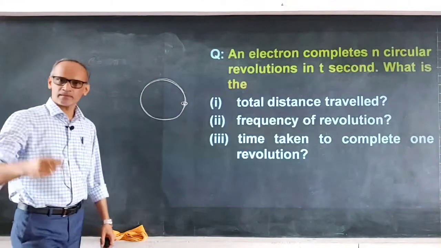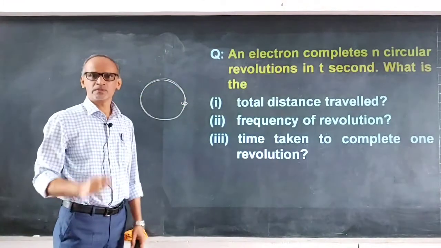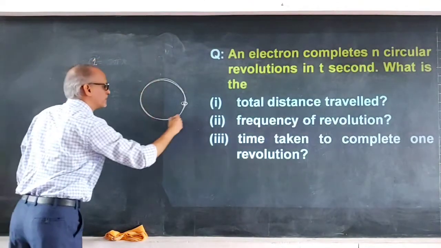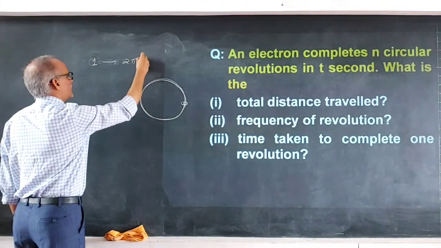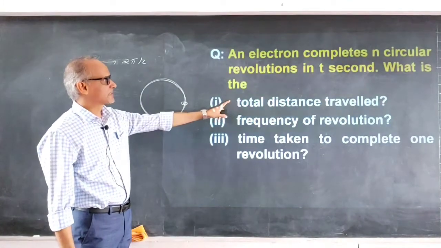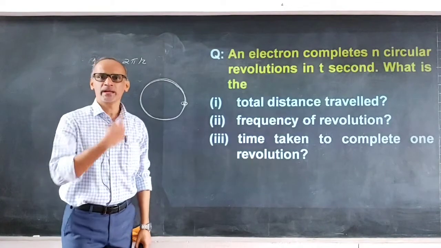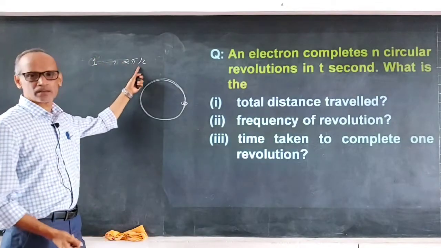Tell me, when it completes one revolution, what is the distance traveled? So for one revolution, distance traveled, we know it, length of one circle. It is 2 pi r. But what is the question? Question is total distance traveled when it completes n circular motion. N is a number. For one circular motion, 2 pi r.